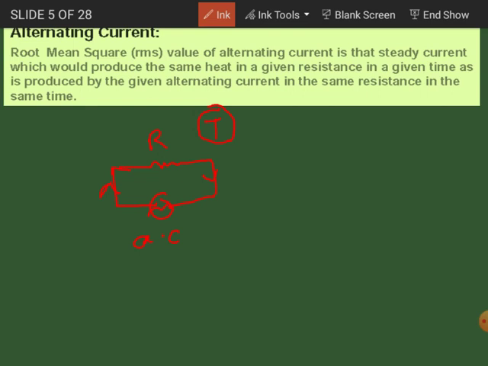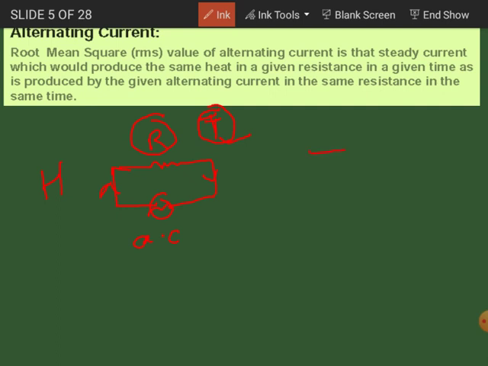You can take T by 2 also, or even T by 4, it doesn't matter. So let's take the time of flow of AC current through this circuit having resistance R as capital T. During this time T, let the amount of heat generated or developed in this resistance be H.